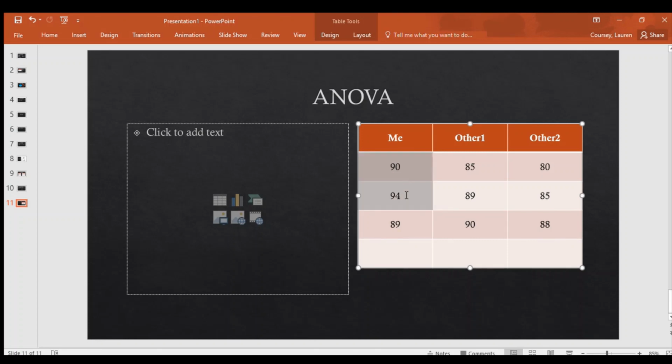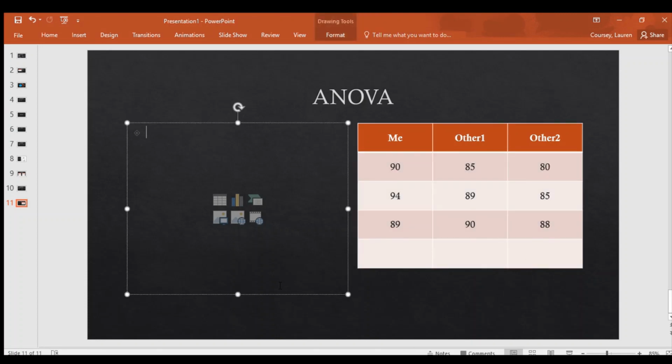One student made a 90, another a 94, and the final one an 89. Then I have 2 other sets of instructors. For this other instructor, their students had scores of 85, 89, and 90, and then 80, 85, and 88 for the third and final instructor. So as you can see, we have 3 groups, and a total of 9 students overall, 3 per group.